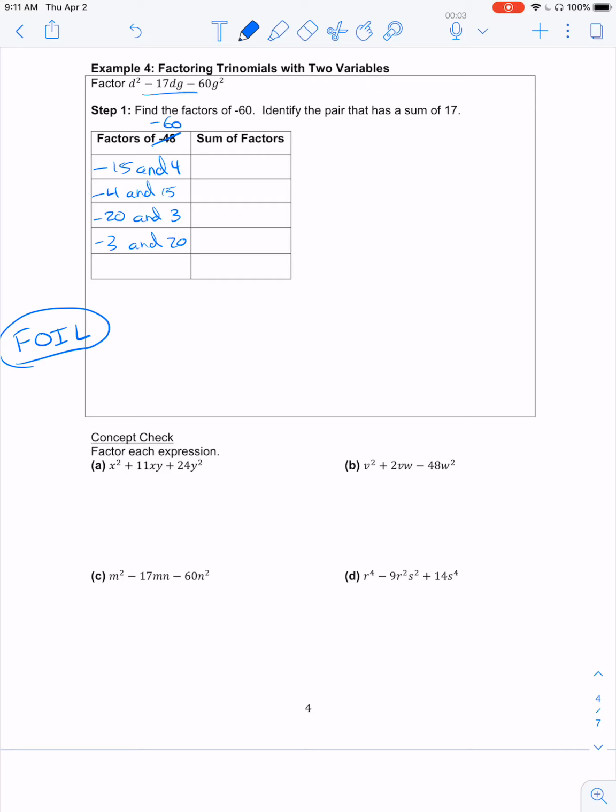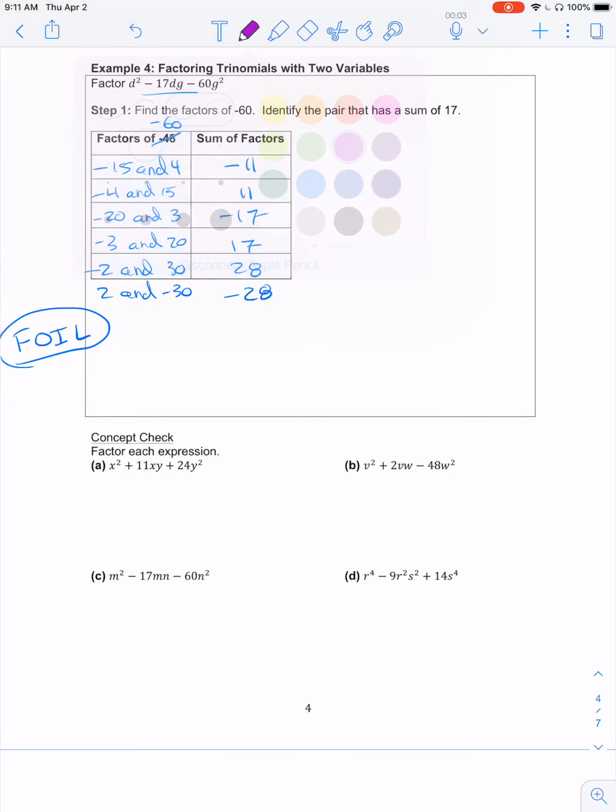Really, the only other factor we have is 2 and 30, or in this case, negative 2 and 30, or 2 and negative 30. I'm just going to cut right to the chase here. If you do the math, you're going to get negative 11, positive 11, negative 17, positive 17, 28, and negative 28.